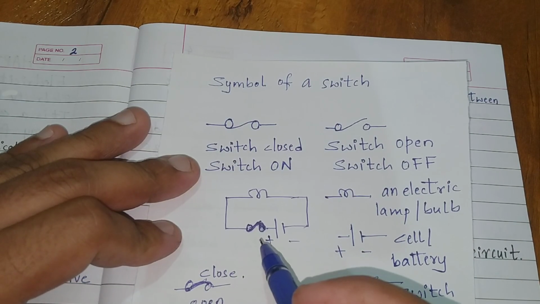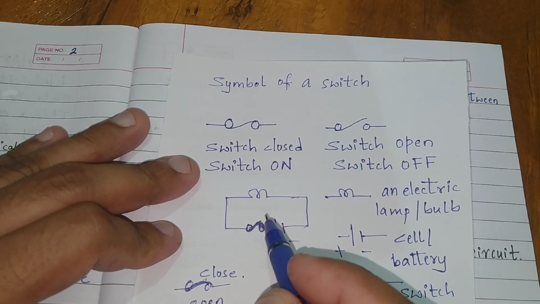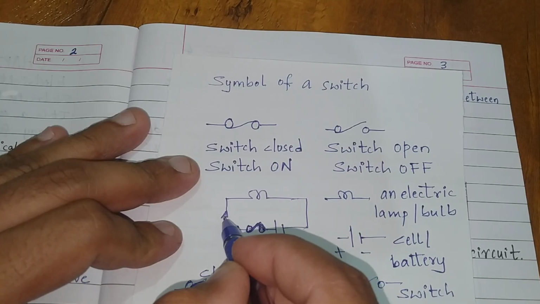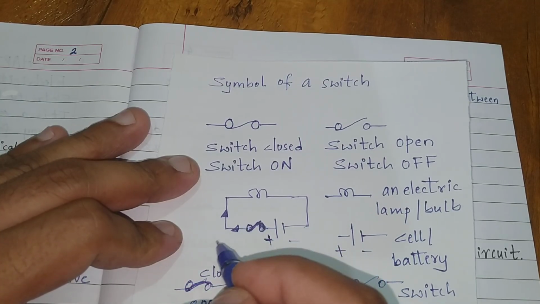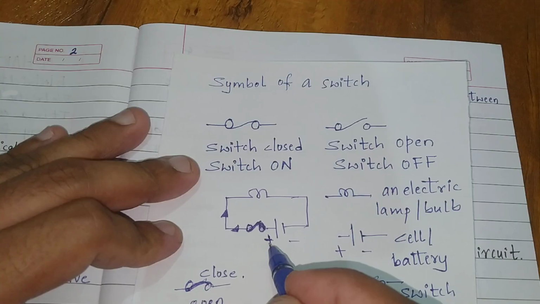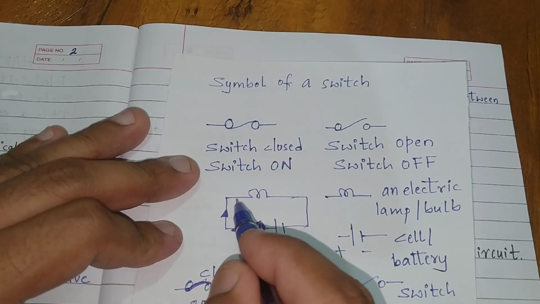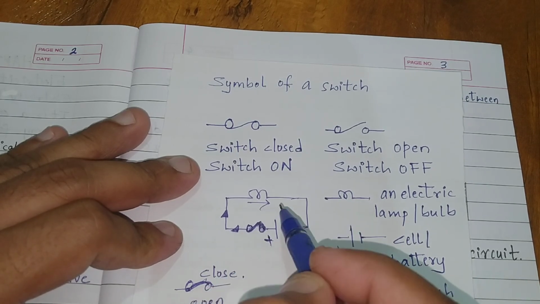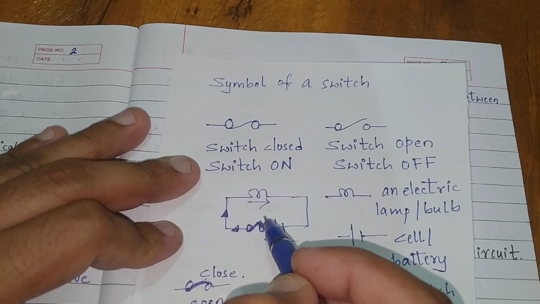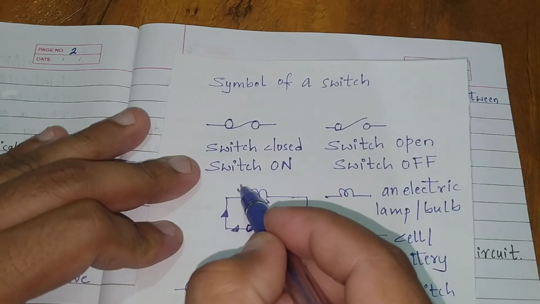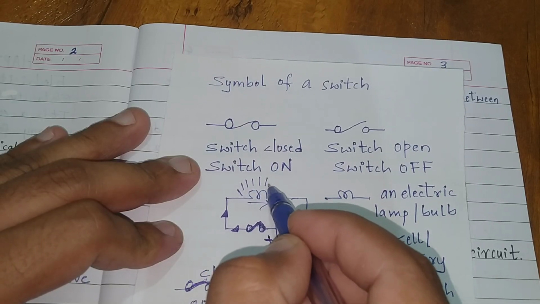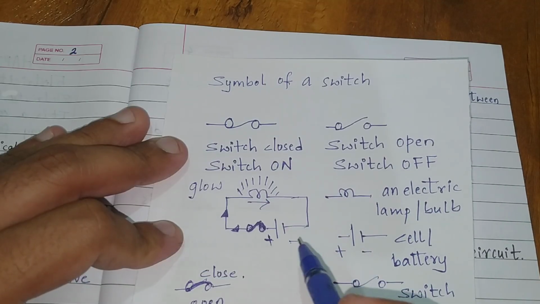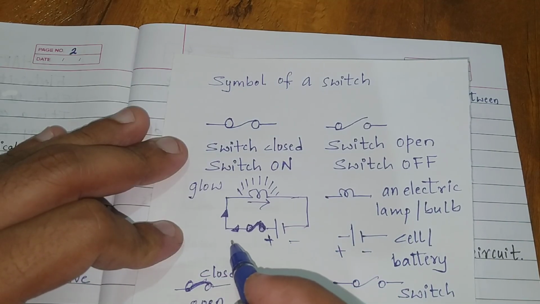close, instantly an electric current, that is conventional current, flows from positive terminal towards negative terminal through an electric lamp or bulb. So an electric lamp bulb will glow when switch is closed.